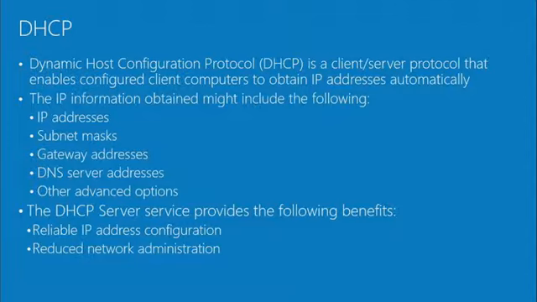Not just any device can get a DHCP address. It needs to be configured to receive DHCP. The information that it can receive is an IP address, a subnet mask, and if we remember from the TCP/IP section, the IP address uniquely identifies a system on the network. The subnet mask defines what the network address is versus what the host address is.